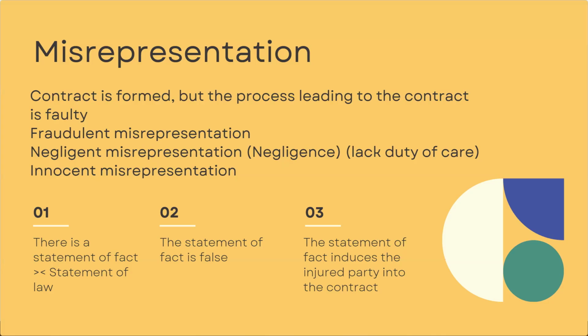A statement of fact is a piece of information that a party gives to another, and that kind of information should express some data that may influence the other party's decision. And that statement of fact is false. And the statement of fact in question induces the injured party into the contract.